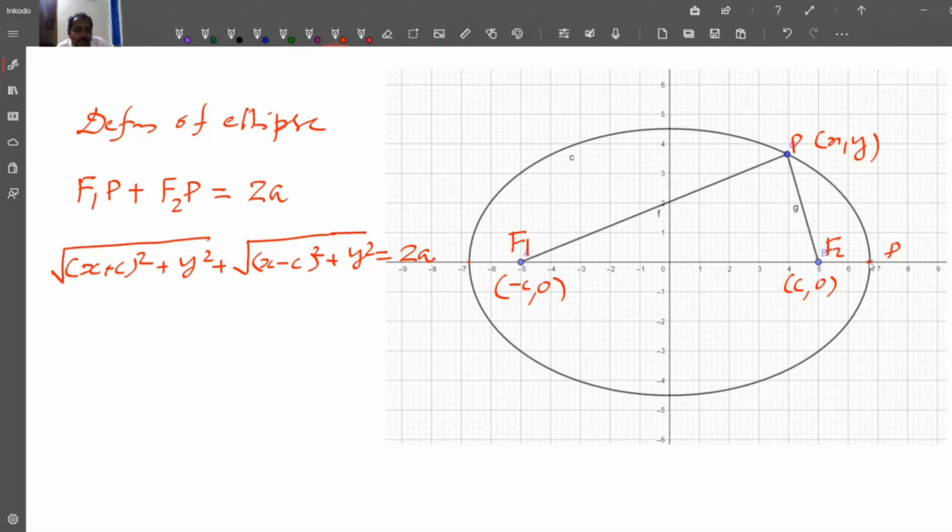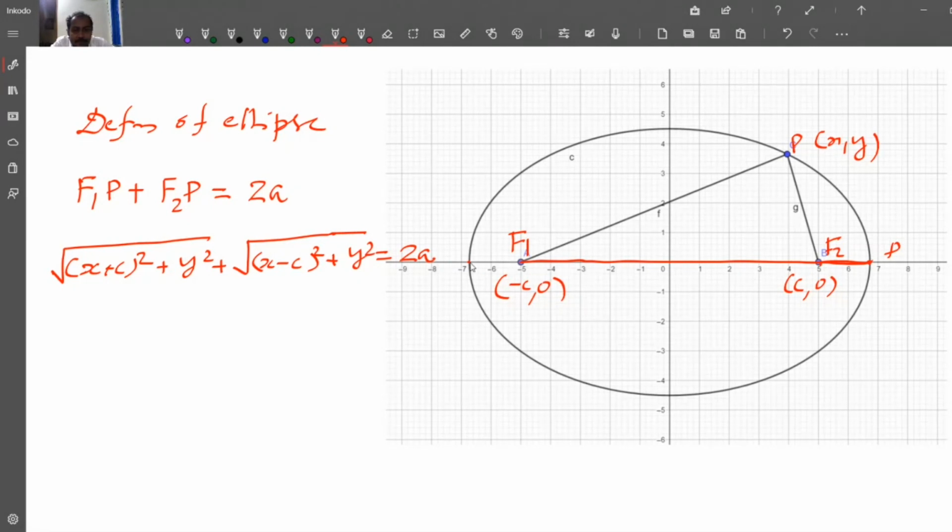If P is this point, it is again a point on the ellipse. So F2P is this distance, F1P is this distance. Then you know that F2P is the same as this distance. Therefore F1P plus F2P is F1P plus this distance, so the total distance will be 2a.